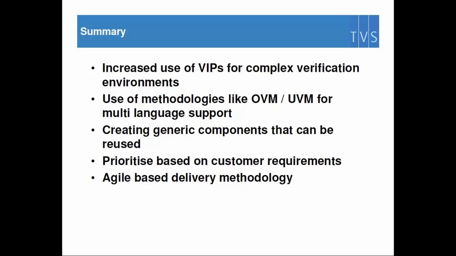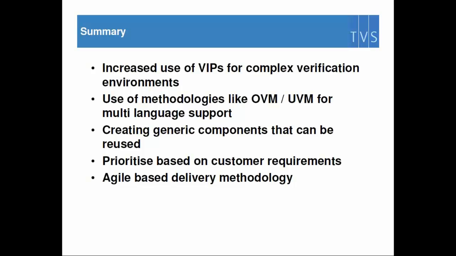Thirdly, creating generic components that can be reused would be very helpful, because multiple similar protocols can use those generic components. Next, prioritize based on customer requirements: as and when a particular feature is required, it can be prioritized based upon the customer's need.